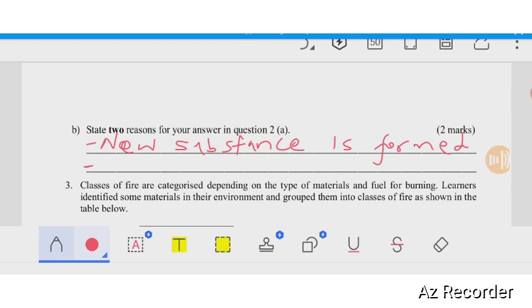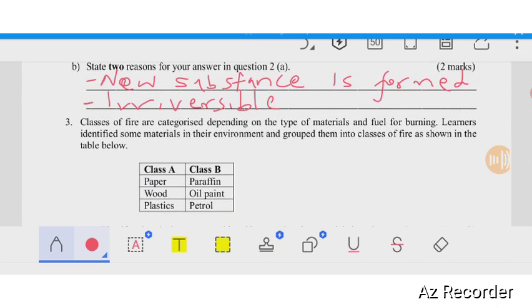Number 2, you cannot reverse a chemical change, so you just say it is irreversible. You cannot reverse it.